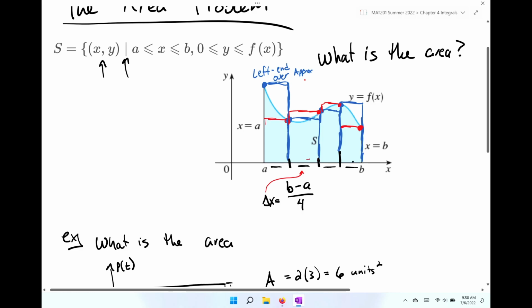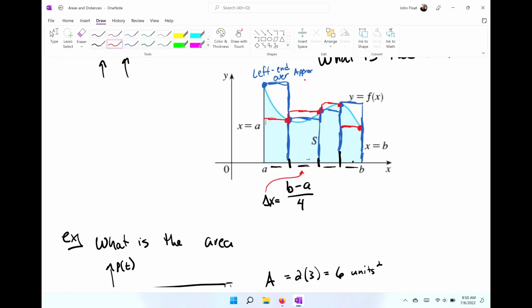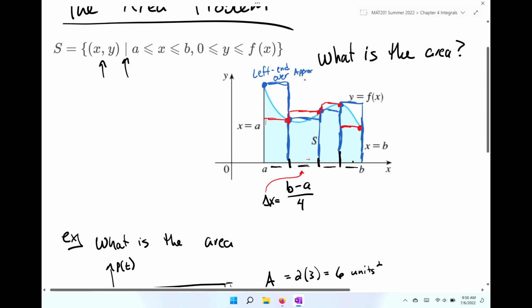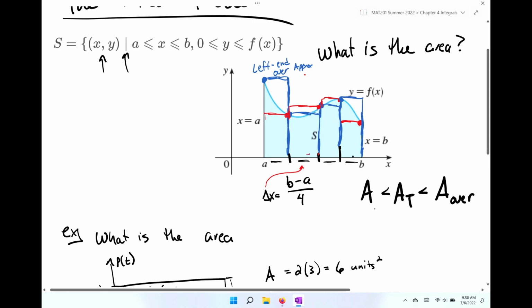There we go. So I know this looks a little confusing initially, but here's, at the end of the day, what's happening. The true area, actually, let me write it in black. The true area for this region S is going to lie somewhere in between the area of the over approximations and the area of the under approximations.